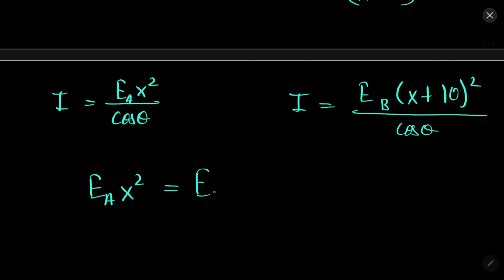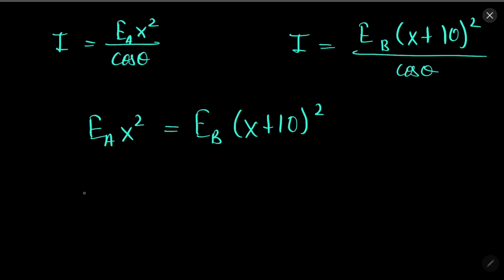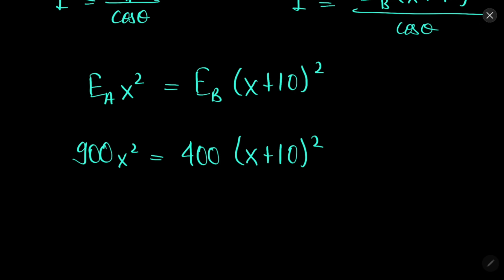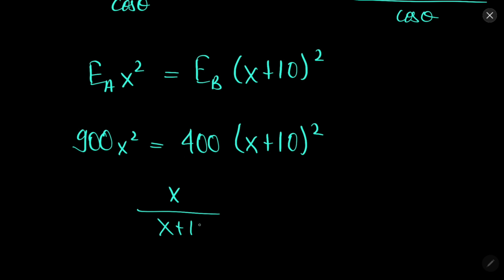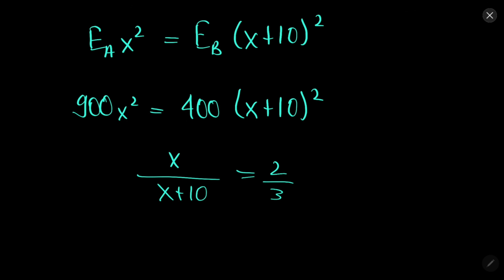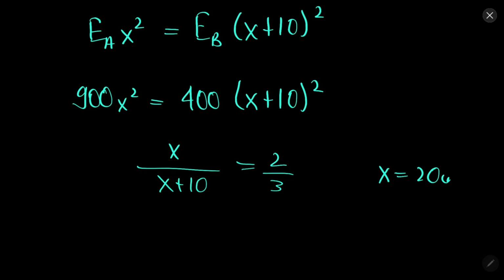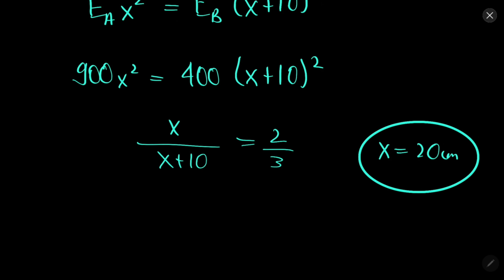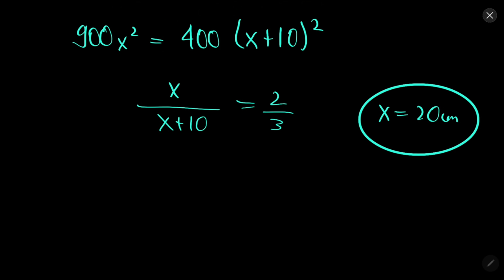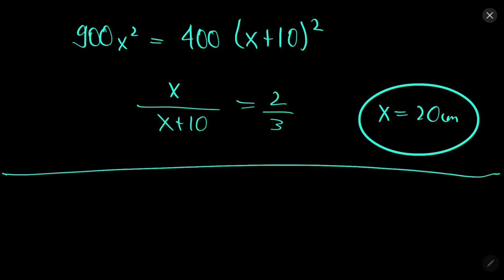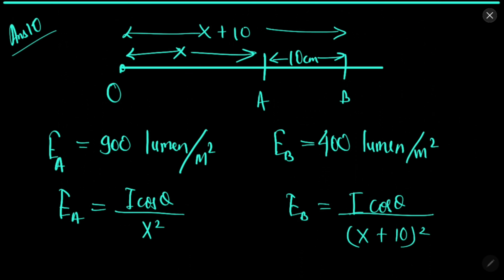We can take the ratio as well if we want. So ultimately what we will have, 900 x square equal to 400 x plus 10 whole square. So x over x plus 10 equal to 2 by 3. So from this x will come out to be 20 centimeters. So the distance is 20 centimeter of A from the origin, and B is 30.